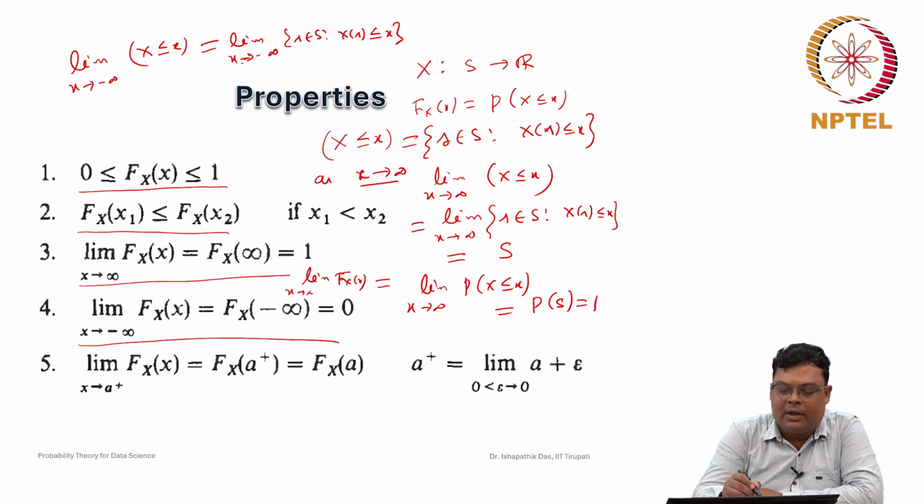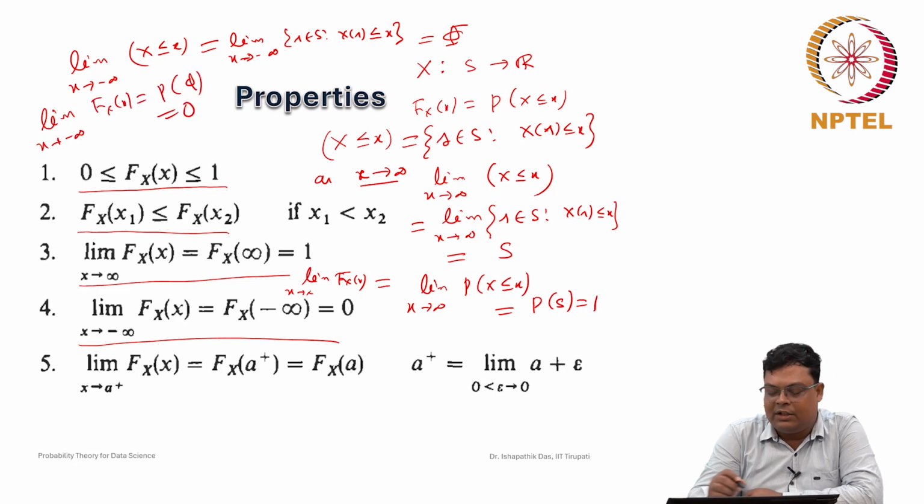So if x goes to minus infinity, then no s will satisfy X(s) less than or equal to x, and the set becomes a null set. In that case, the limit as x goes to minus infinity of F_X(x) will be the probability of the null set, which is equal to 0. It is not the exact proof, we are not going through it rigorously, it is just an intuition. So as x goes to infinity, F_X(x) should be 1, and as x goes to minus infinity, F_X(x) should be equal to 0.